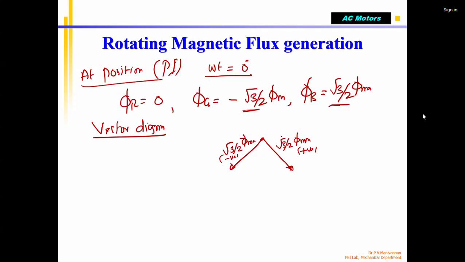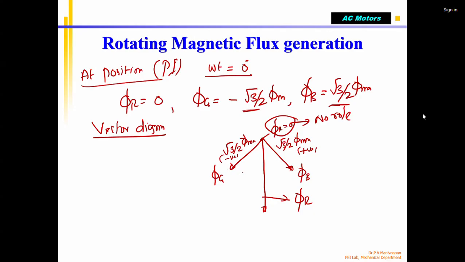So there are two components: this is phi G, this is phi blue. What about phi R? Phi R equal to 0. So there is no role at this time instant, phi R is 0, only these two. So what is the result? This is my resultant magnetic field, phi r.